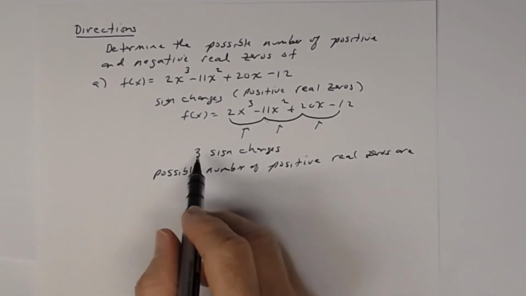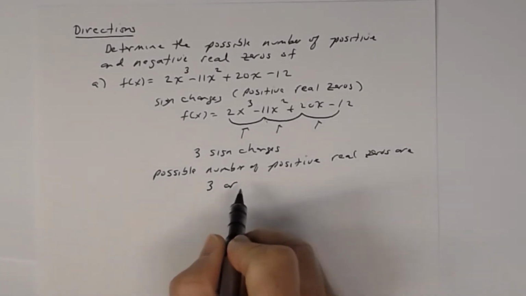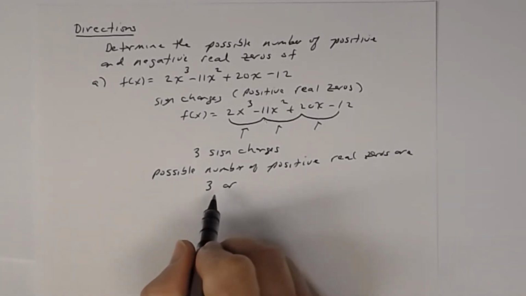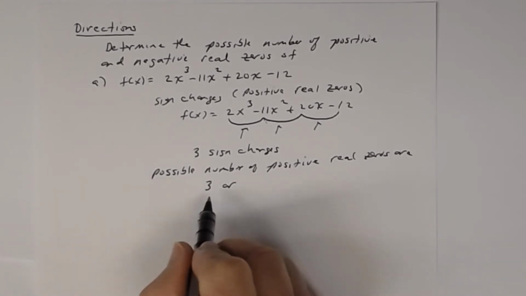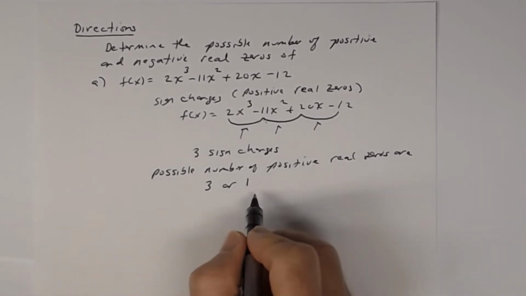Now listen carefully. You're either going to have 3 of them, or you subtract by an even number. So 2 is an even number, subtract by 2. 3 minus 2 is 1, or 1.